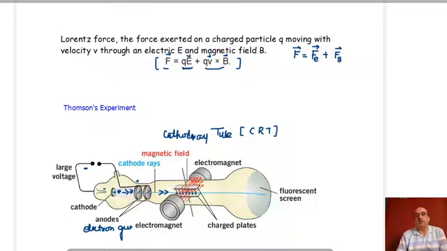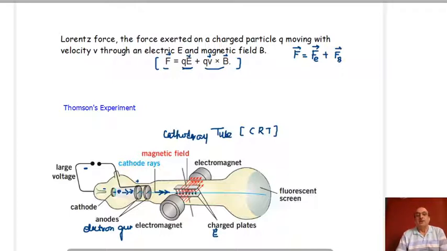The beam of electrons is called cathode ray. Look at this figure of the cathode ray tube. There are two plates which are charged and they will produce an electric field.